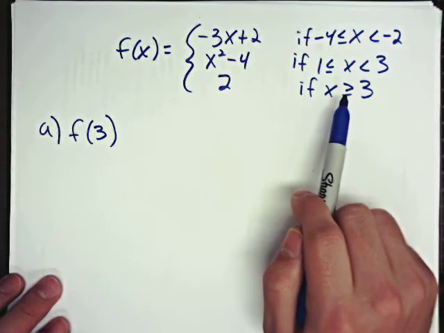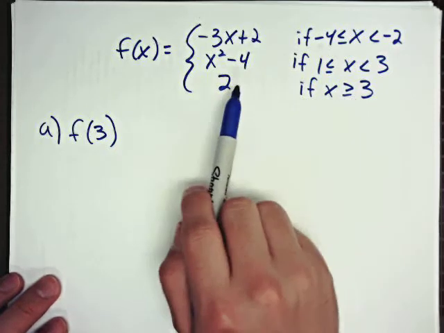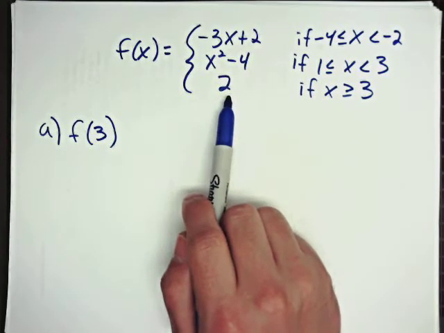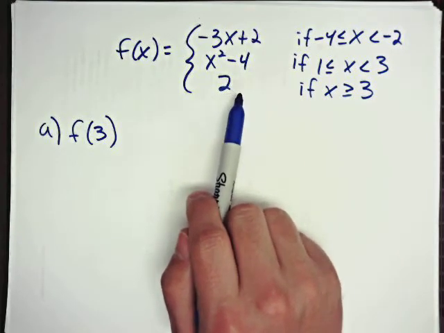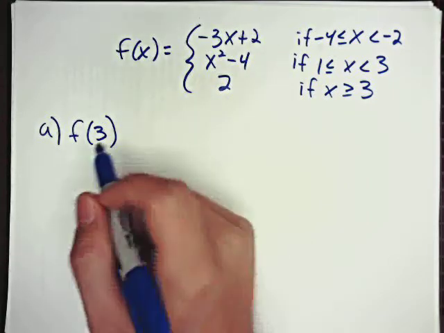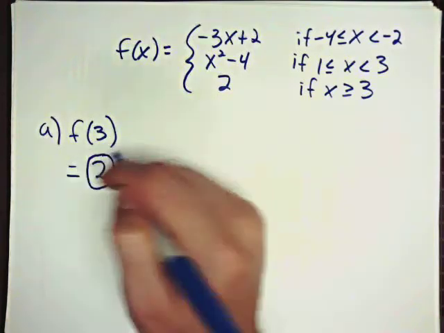So this fits into our third equation, which is just 2. There is no x. So if your x value is greater than or equal to 3, then automatically your y value is 2. No calculating to be done.